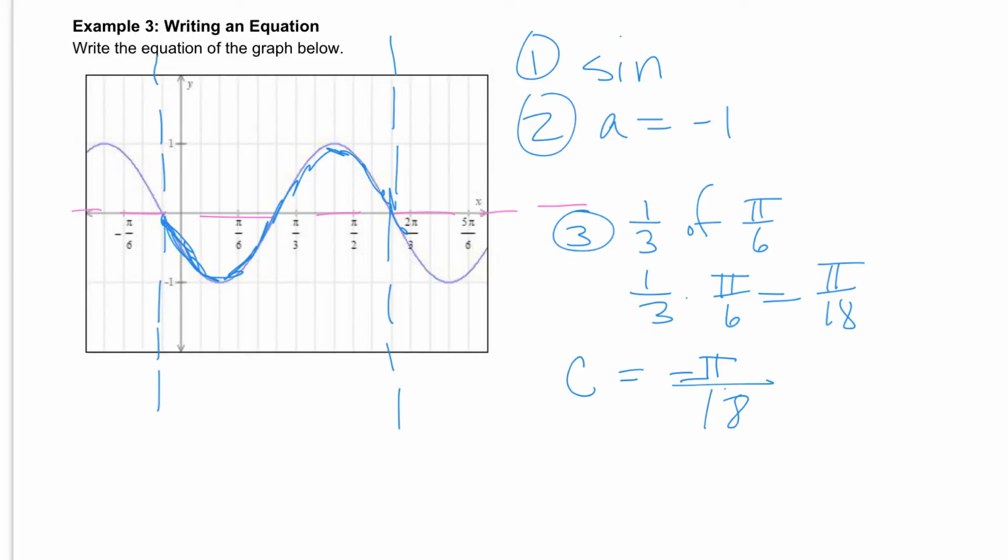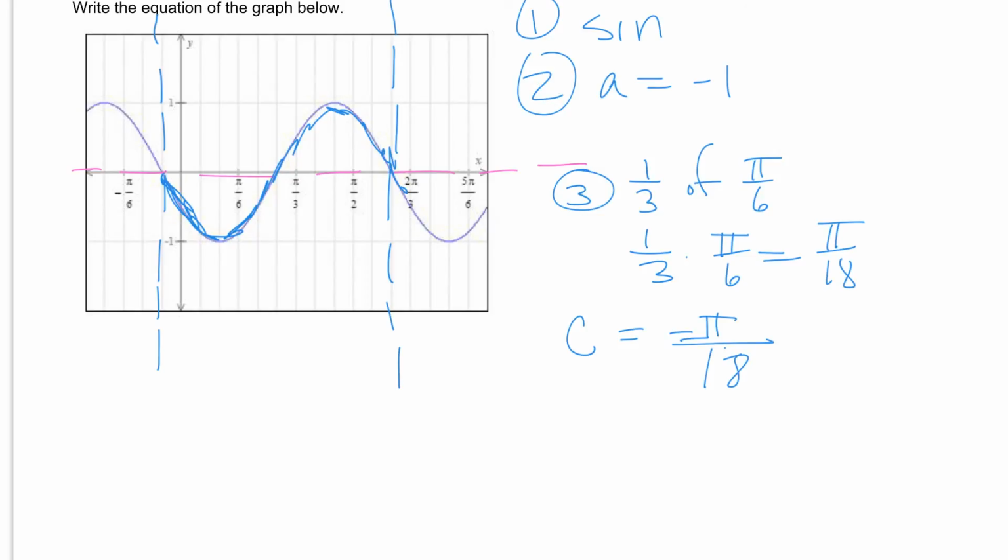Okay, and then we're going to take a look at the period. So step 4, we're going to do the period. Now the period is going to go from negative pi over 18, and then we have to figure out what this one is. So we're counting by pi over 18s.